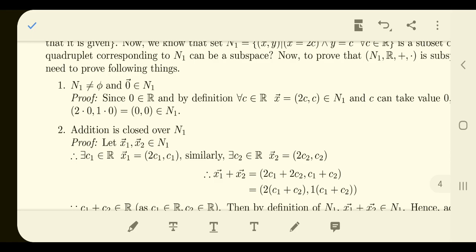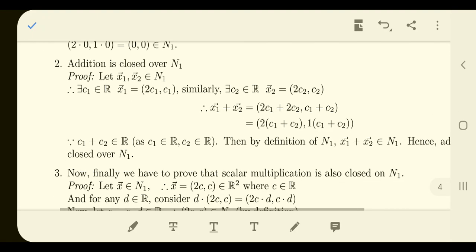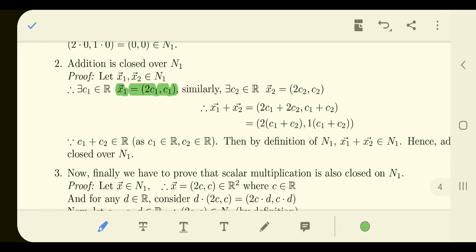Now we want to see whether addition is closed over n1 or not. So let us take two vectors x1 and x2, such that x1 is defined by (2c1, c1) and x2 is defined by (2c2, c2), for some c1, c2 in real numbers, because that's the definition of n1.